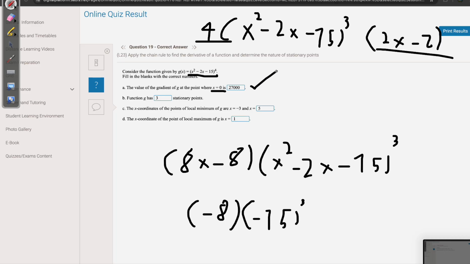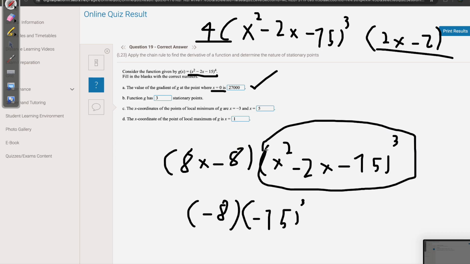Function g has how many stationary points? As we know, this part will only have 2 roots. It won't have more, as the roots will be repeated. Each root of x squared minus 2x minus 15 will be repeated 3 times as it's cubed. So we just have the root of 8x minus 8 and the roots of x squared minus 2x minus 15.